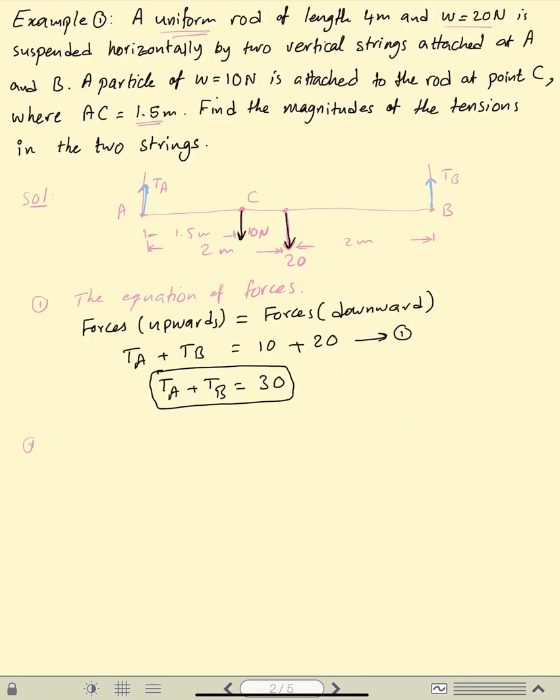So step 2, by taking the moments, again I will say it, we are free about A. If you take it at B is okay, at C is okay, and at the middle of the rod is okay. But sometimes the question will guide us by the information given about which point you'll be taking the moment about.